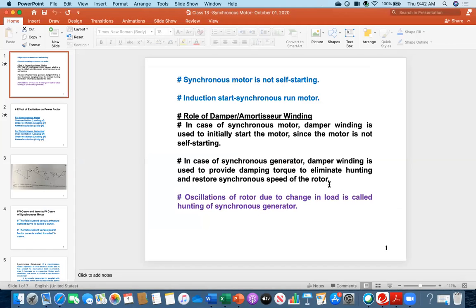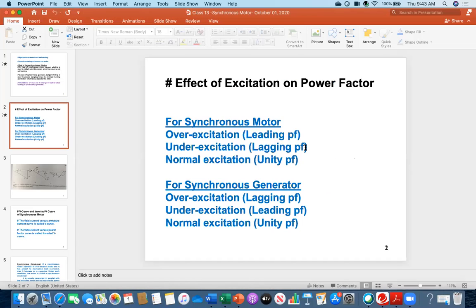We found that for the synchronous motor, damper winding is needed to initially start the motor, and for the synchronous generator, damper winding can eliminate the hunting effect. We covered up to that. Now moving forward, today we will be looking at the effect of excitation on power factor.